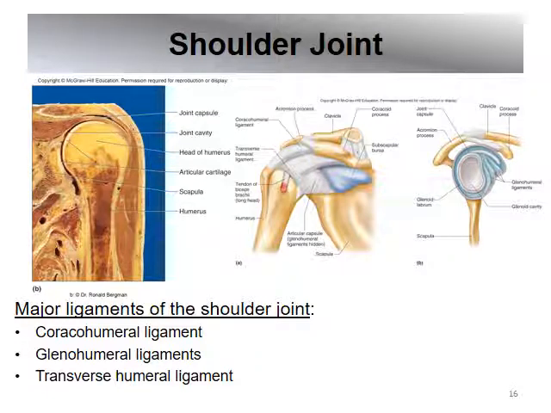Okay, so then we're going to go over the major synovial joints, not all of them, and we're going to see here what ligaments make up these different joints. So know that in the shoulder joint, there's the coracohumeral, glenohumeral, and the transverse humeral. And as you can see from the names, they refer to the parts of the bones that make up the shoulder joint. Okay, so just be able to recognize these names and pick them up in, let's say, a multiple choice question.